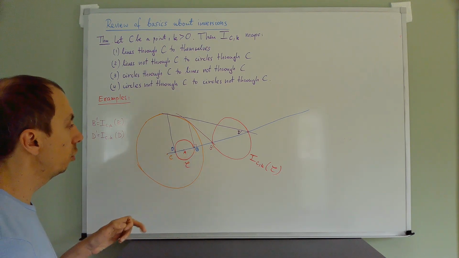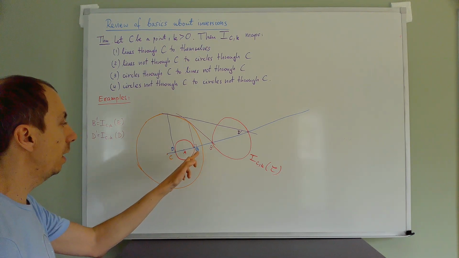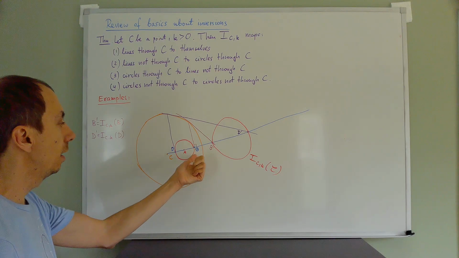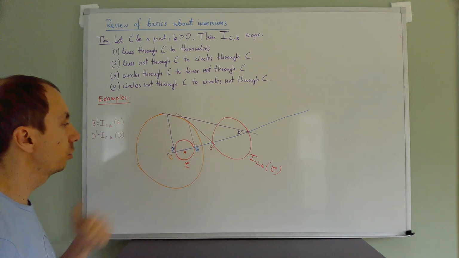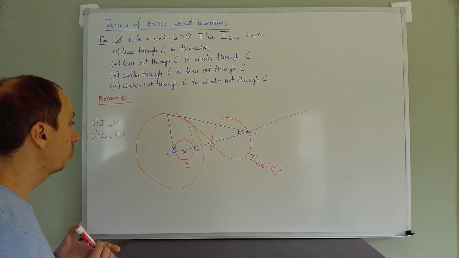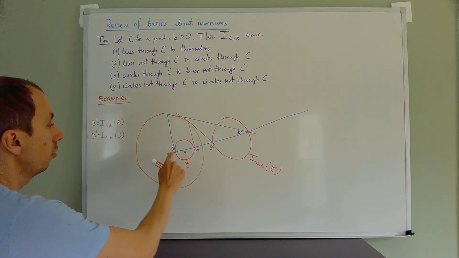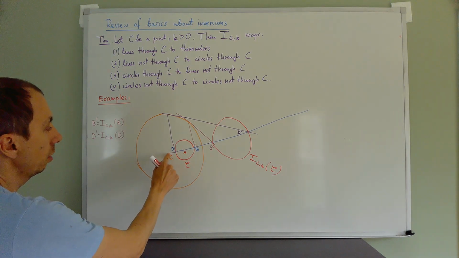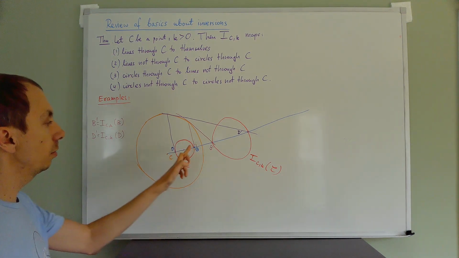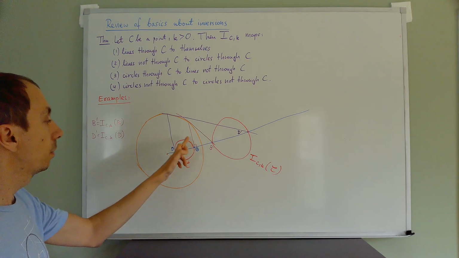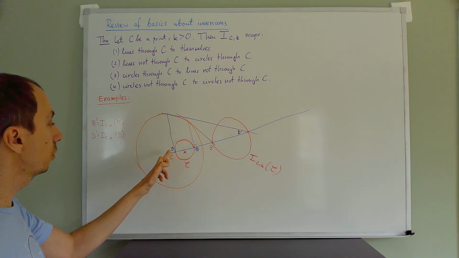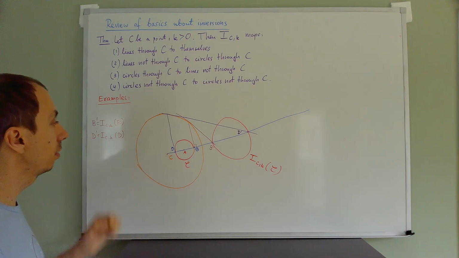But maybe a more interesting thing is, what happens if I take the point D and move it closer and closer to C? So that means I'm expanding the circle a little bit, still having it go through B, but moving D closer and closer to C. So these circles just become bigger and bigger.